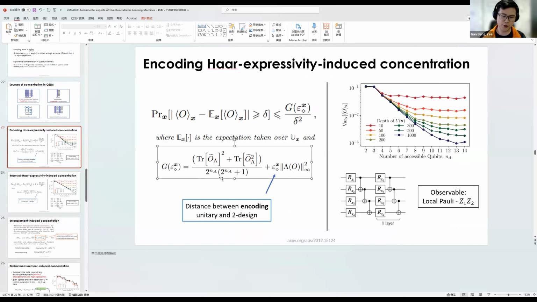Right. So for qudits, it will concentrate much faster, because the dimension of the space, even with the same number of qudits, is much larger, so you'll concentrate much faster over here. I see. Okay.